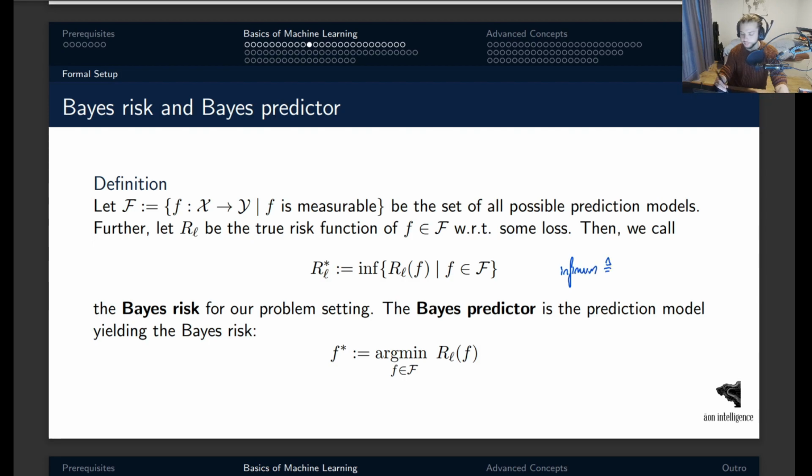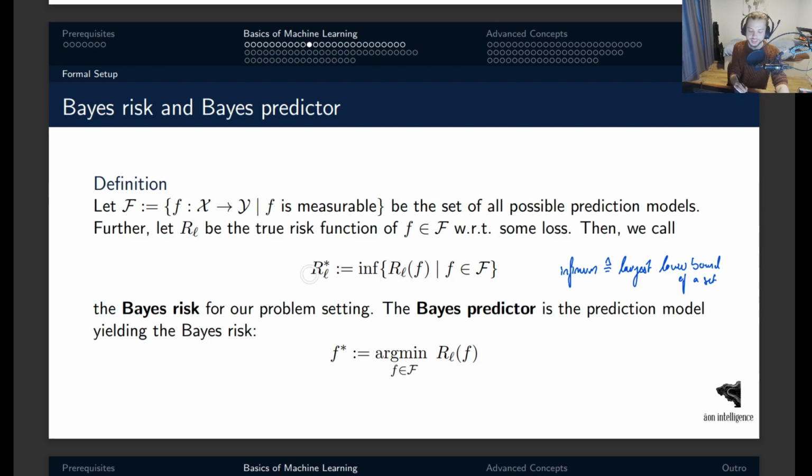is the largest lower bound of a set. Now let me be a little informal, so mathematicians cover your ears. But you can think of the infimum as the minimal, the smallest element within a set.